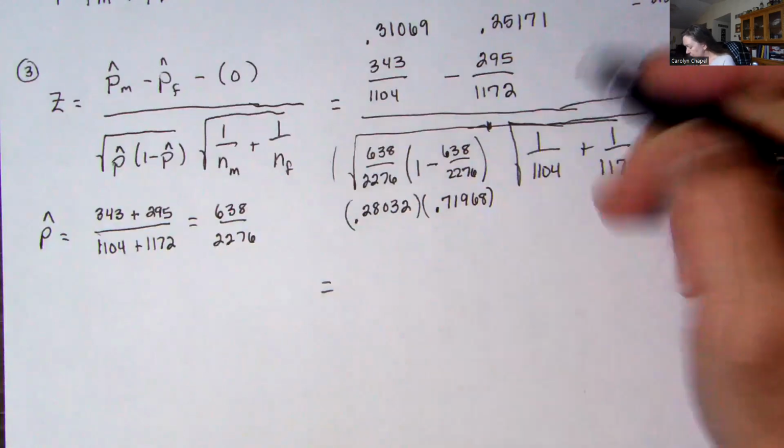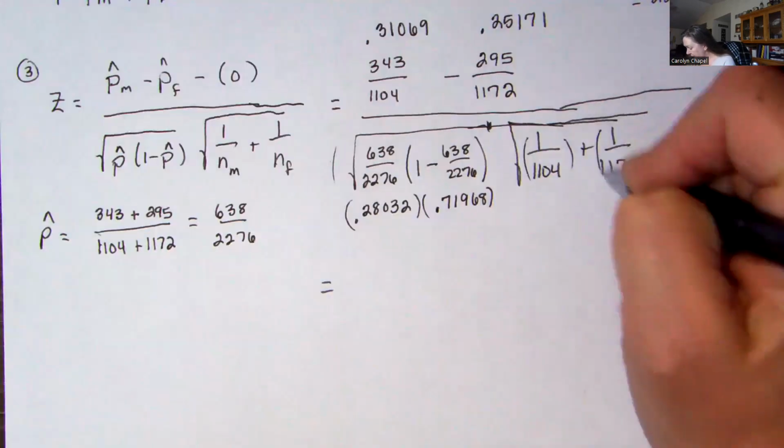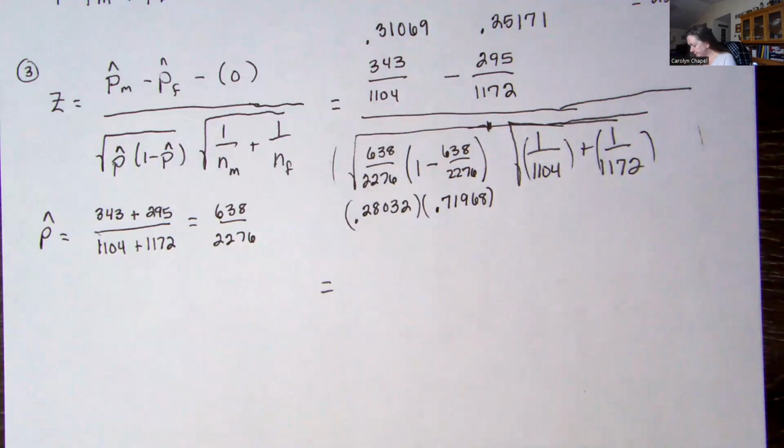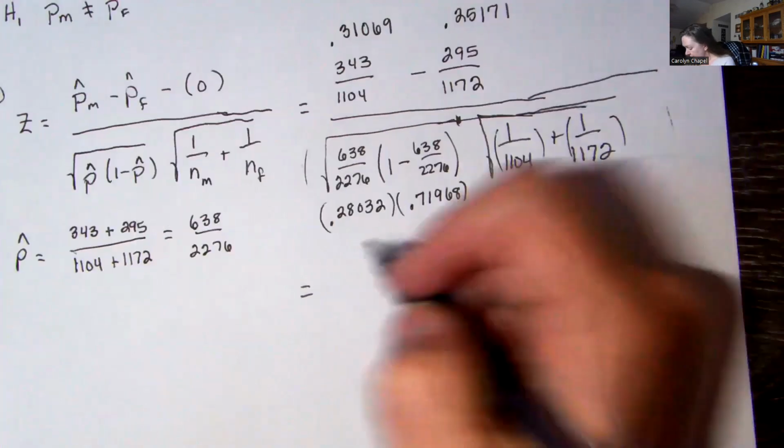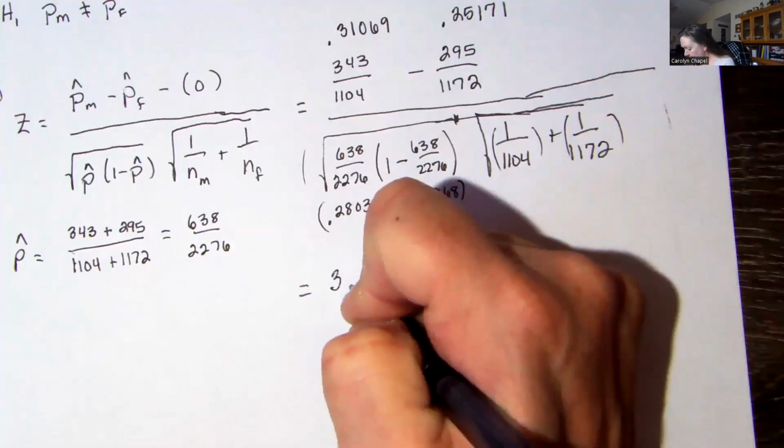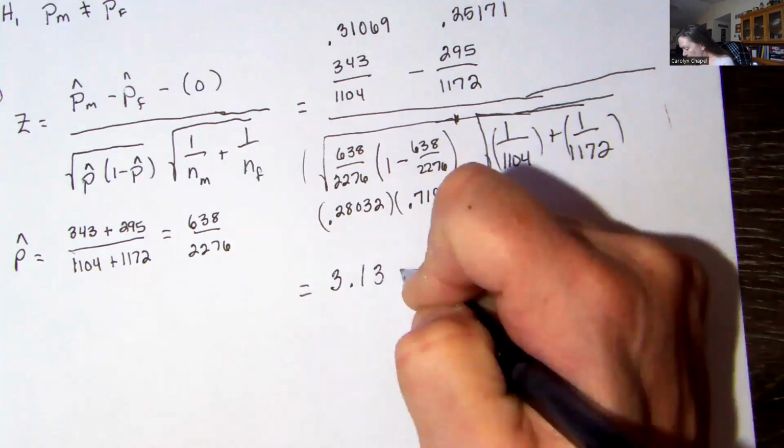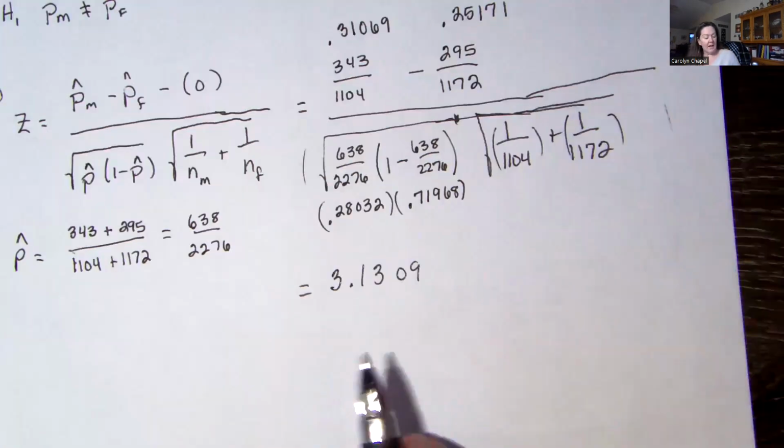And in here, I'm going to do little bitty parentheses as well. And when I do all that, I get 3.1309, but this is a Z value.